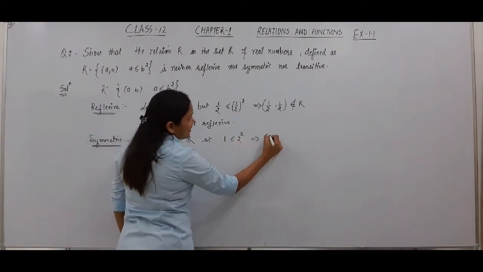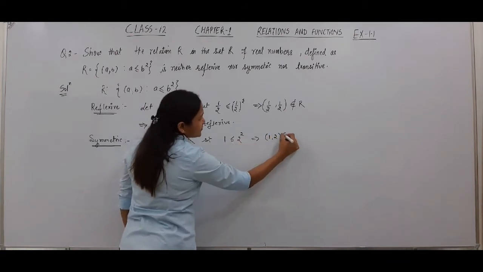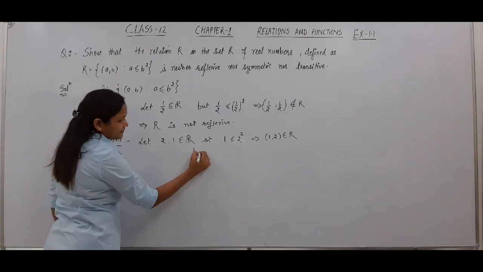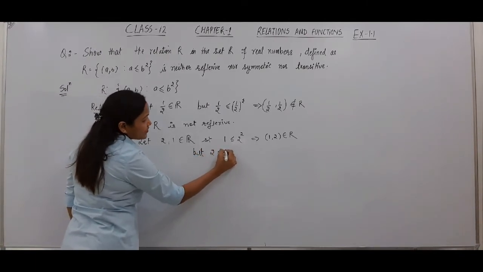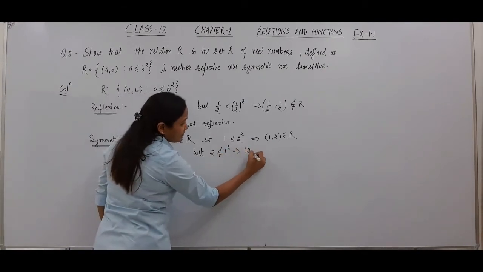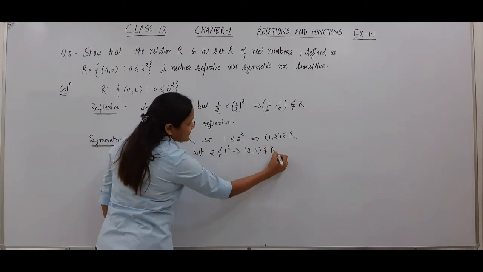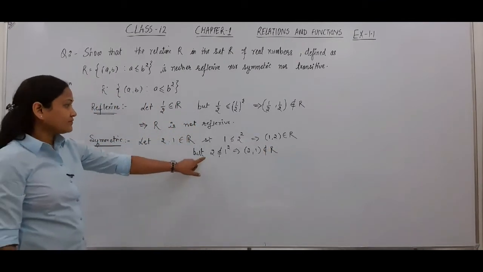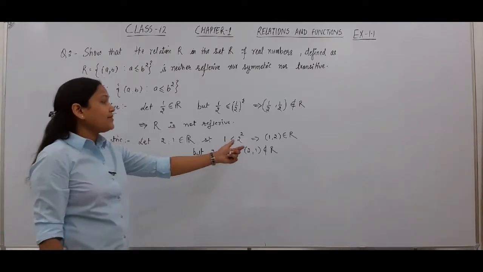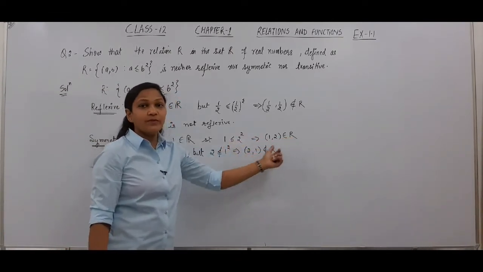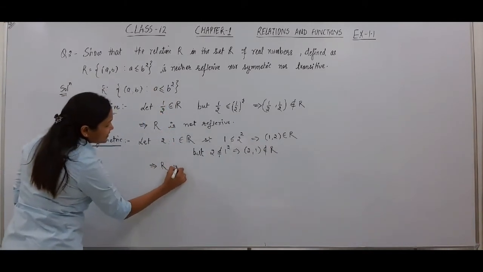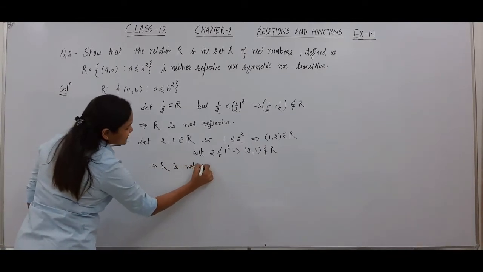That implies (1, 2), or the ordered pair (1, 2) belongs to this relation. But 2 is not less than equals to 1 का square. That implies (2, 1) does not belong to this relation. So we have created an example जहाँ पर 1 is related to 2 but 2 is not related to 1. That implies your relation R is not symmetric.